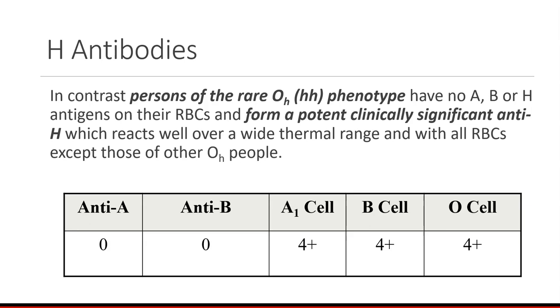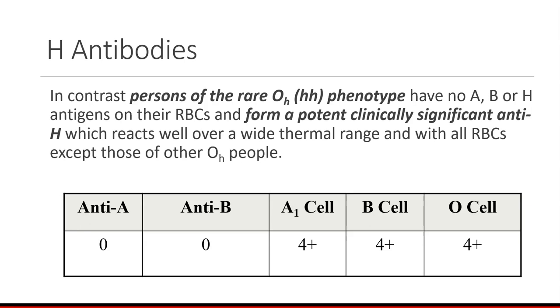And because of this, they form a very potent, clinically significant anti-H, which reacts well over a wide thermal range, room temperature through 37, and with all red cells except those of other O little h people. And remember, the frequency of the big H antigen is greater than 99.9%. So that means good luck finding a unit of blood.